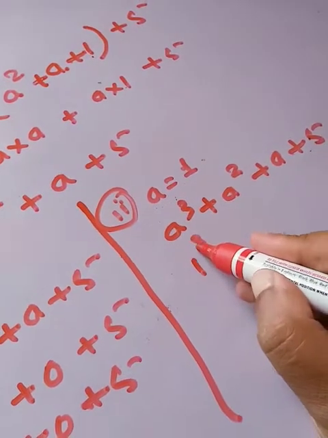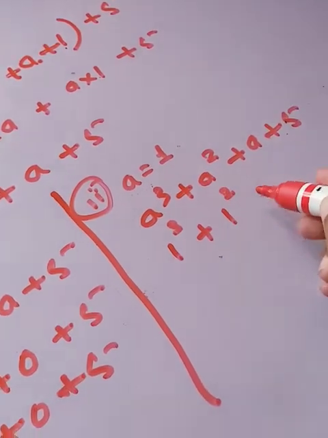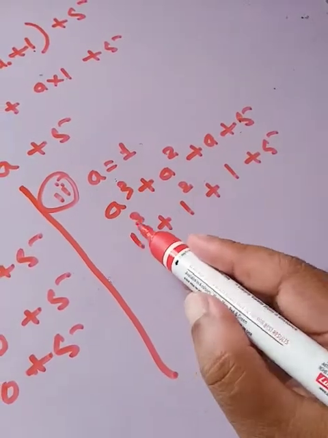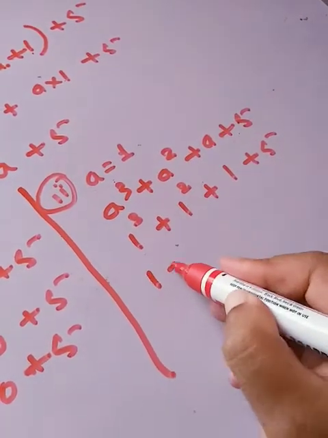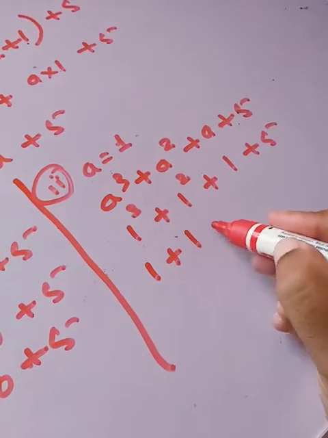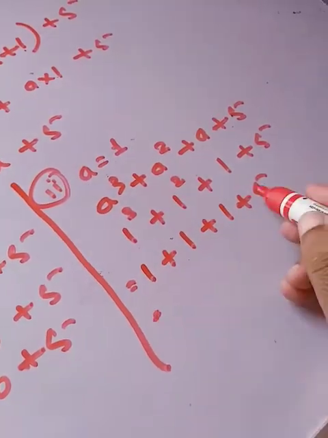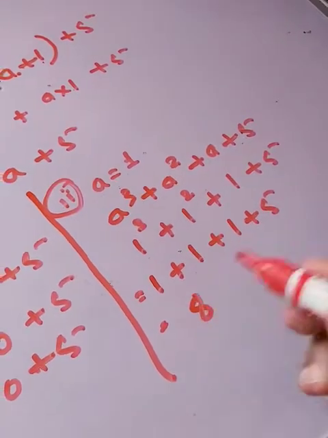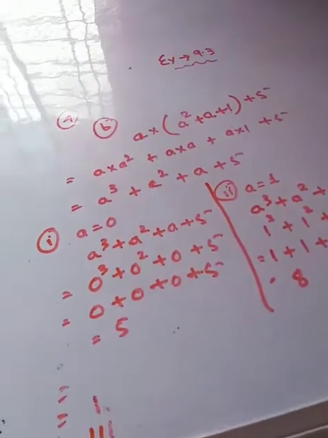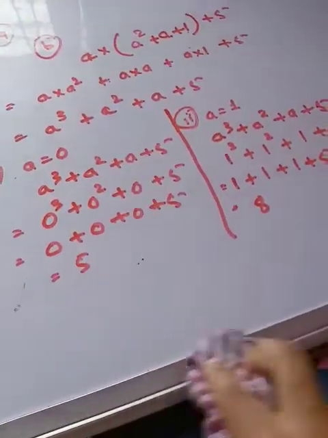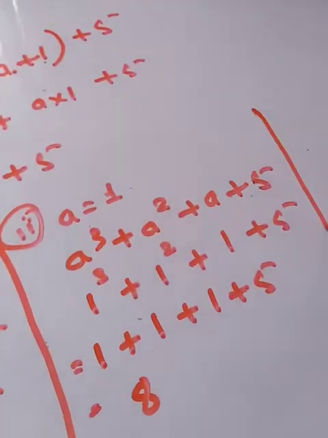So 1 cube, 1 square, 1, plus 5. If you multiply 1 into 1 into 1, what would be the answer? 1 only. 1 plus 5. Now add it up. What is the answer? 5, 6, 7, 8. So the answer is 8. So see, so simple. Very, very simple. Okay. Now let's check out number 3.